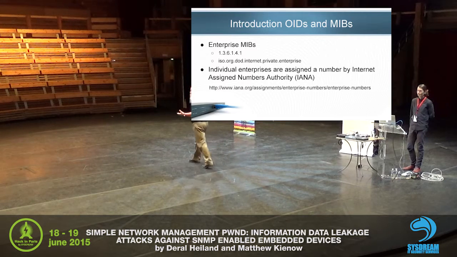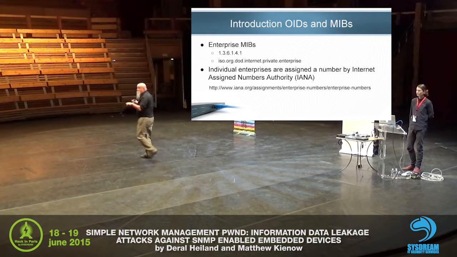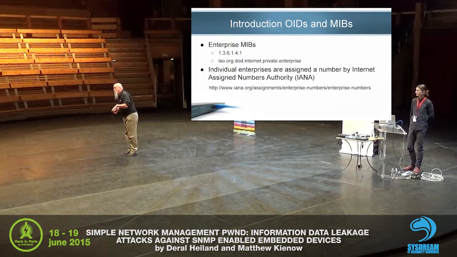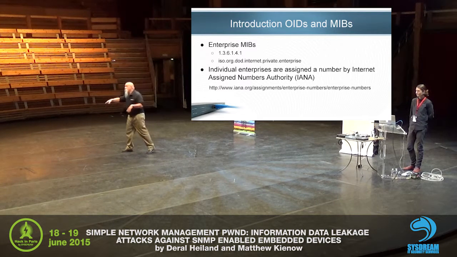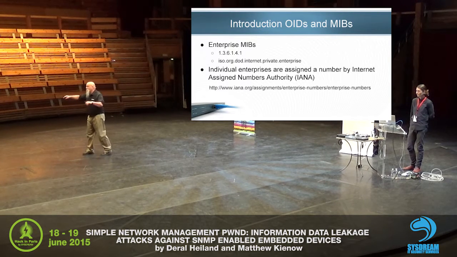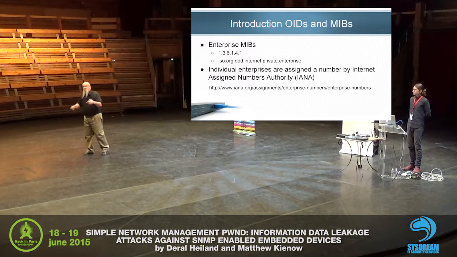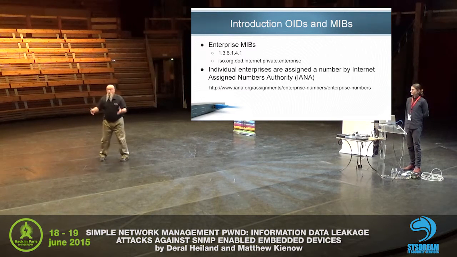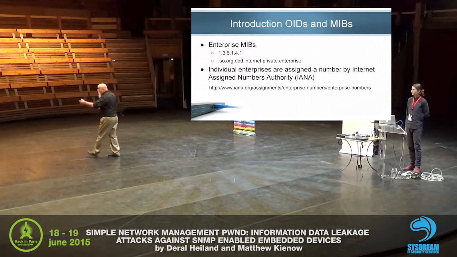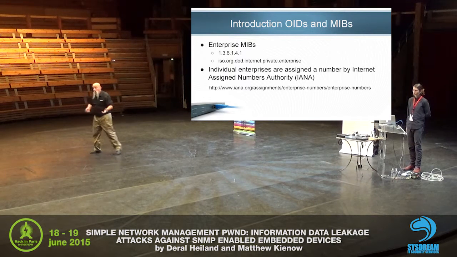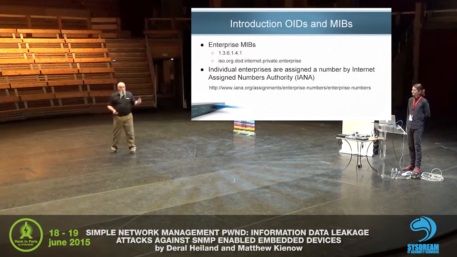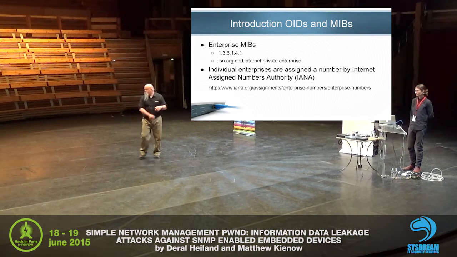But the one we're interested in, the one we find the most interesting data sometimes, is the enterprise MIB. The enterprise MIB lives at 1.3.6.1.4.1. These are specific to vendors underneath there. These are actually assigned by the Internet Assigned Numbers Authority. There's a URL for it if anyone's interested.